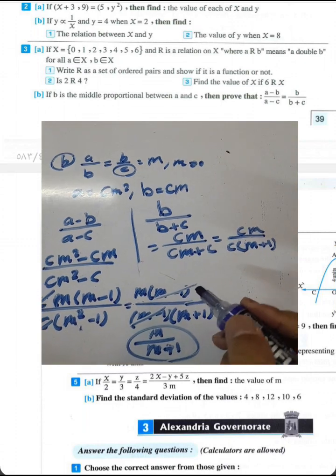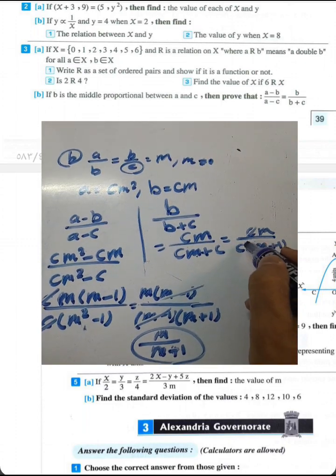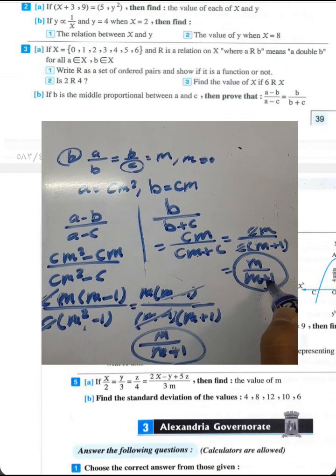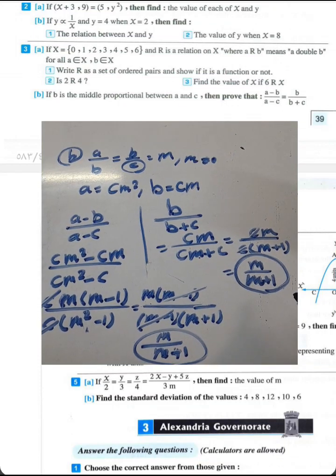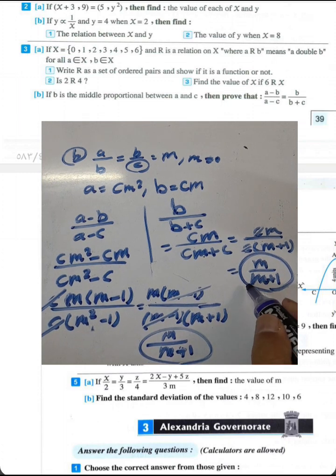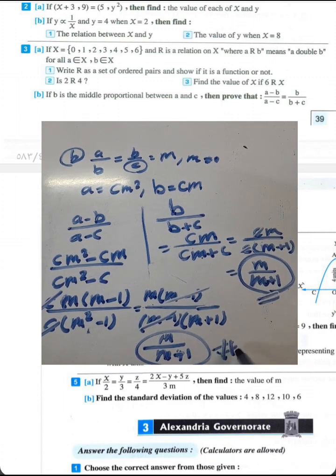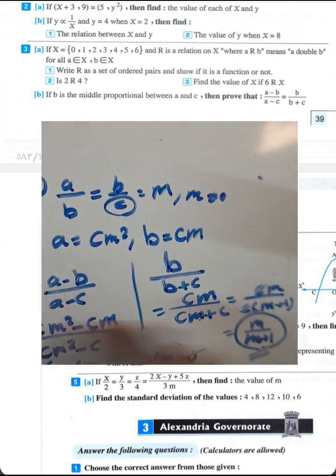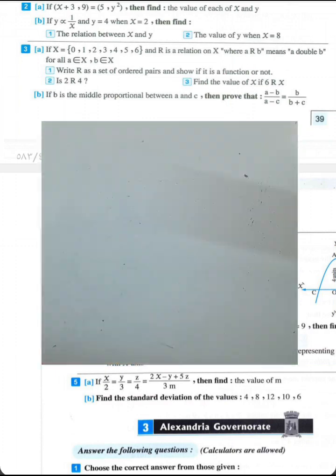Cancel C by C, and the result will be M over M plus 1. So the left hand side equals the right hand side, which is M over M plus 1. Next question.